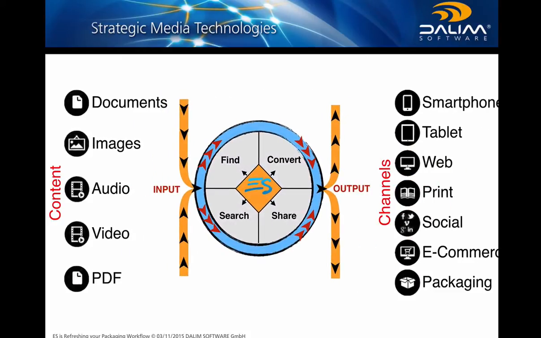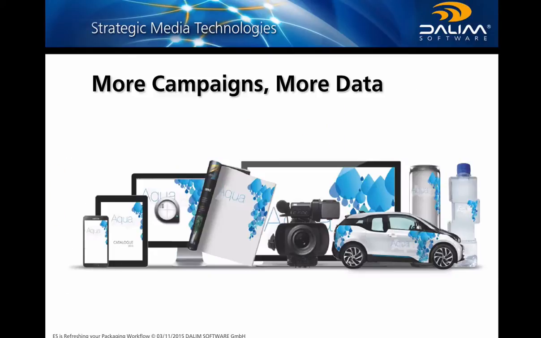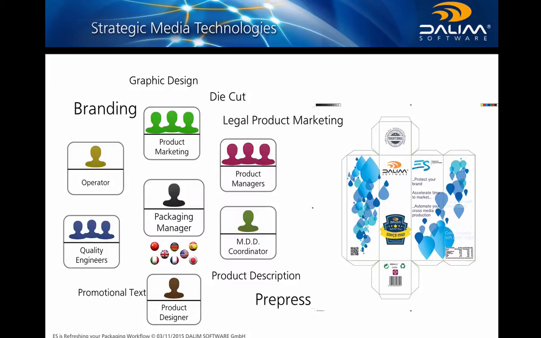So at the end, as you can see, ES has to be at the hub of your organization to organize these assets and to drive the right content to the right channel. So the idea is, of course, to manage campaigns with more data.